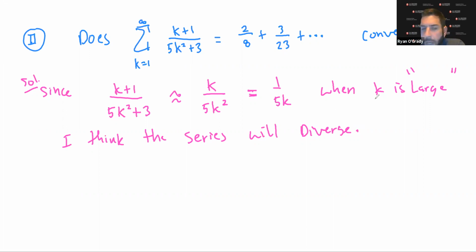My reasoning is that for this series in blue, when I go far out in the series, these terms are pretty much the same as this. But I know the series of 1 over k diverges. That's the harmonic series. So I'll try the limit comparison test.